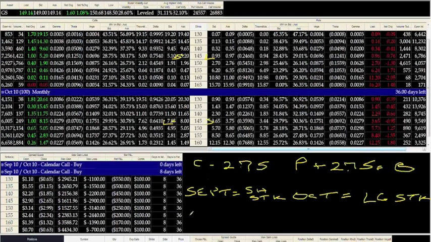Now, when I was doing the math for you earlier, I showed you the short stock interest, because we're saying there's no dividend.